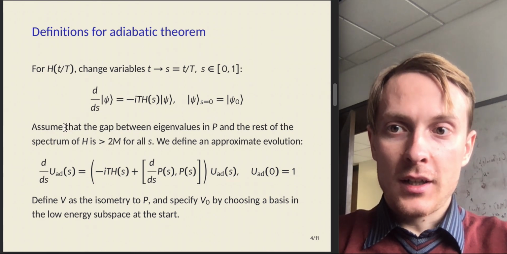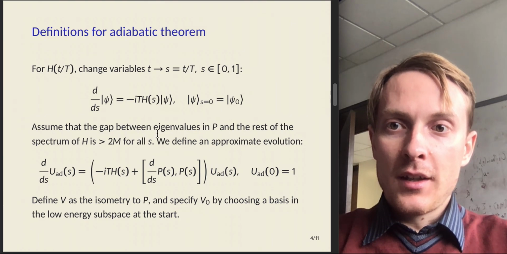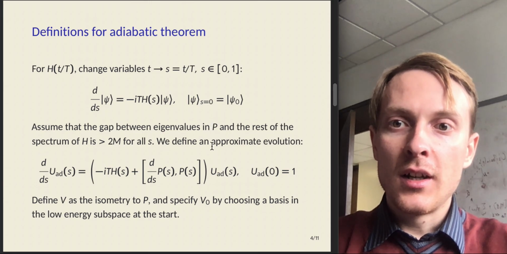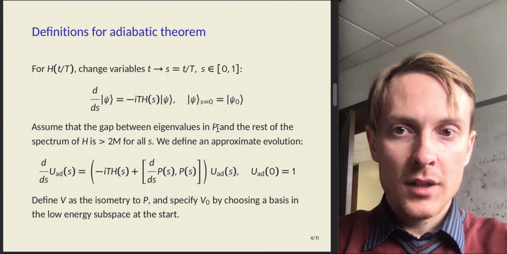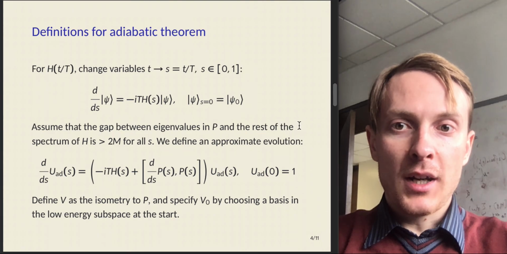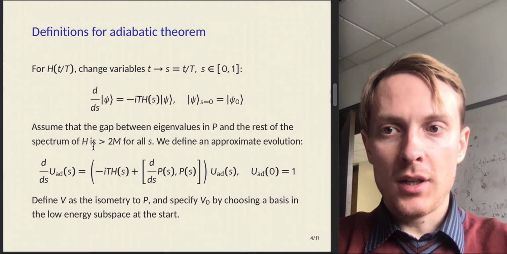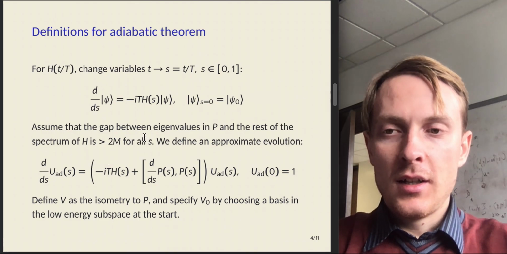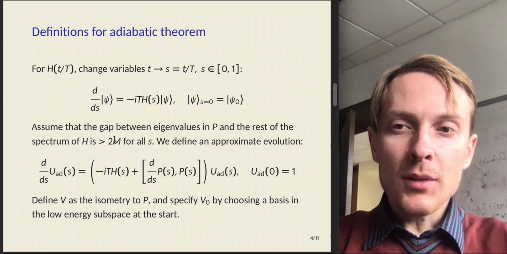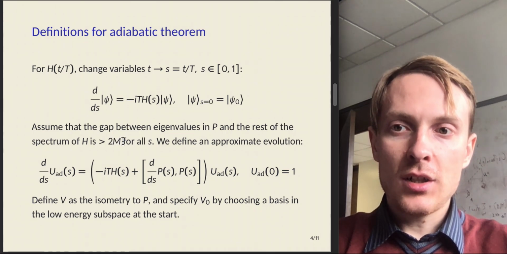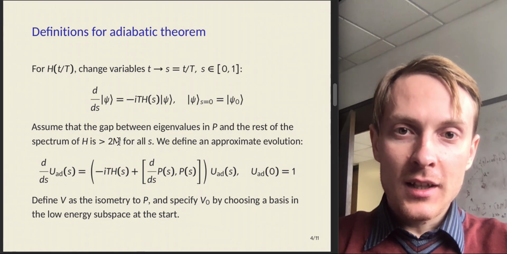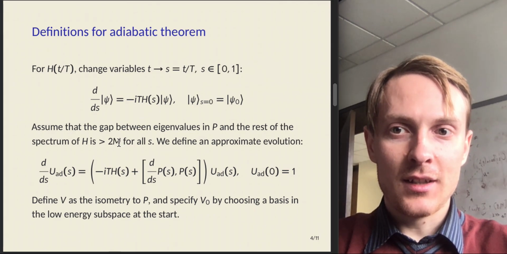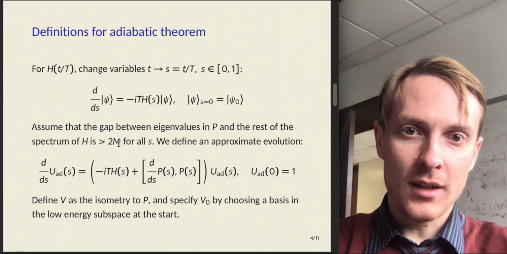Formally, for the adiabatic theorem to work, the low energy subspace, here denoted by P, the projector on it, has to be separated by a gap in the spectrum of the Hamiltonian for all values of the adiabatic parameter S. We call this gap M here, which is a somewhat unusual notation to specifically emphasize that this is not a gap between the ground state and the first excited state. It's the gap between the low energy subspace and the high energy subspace.